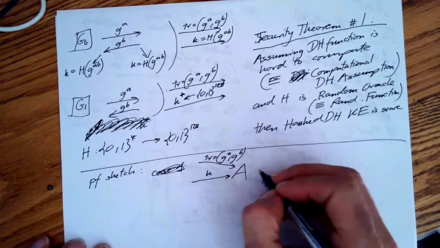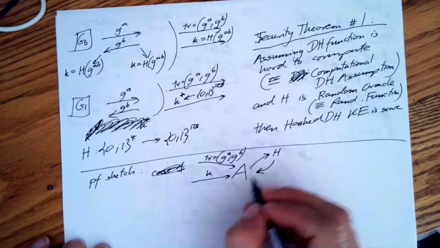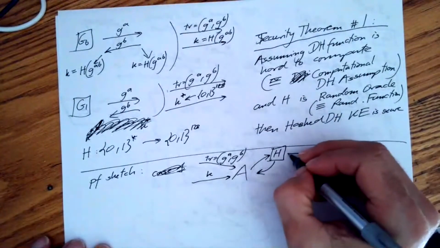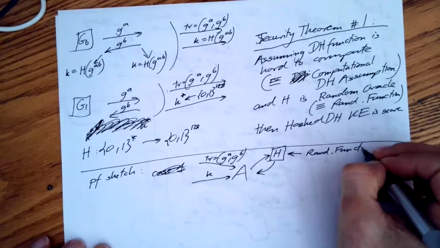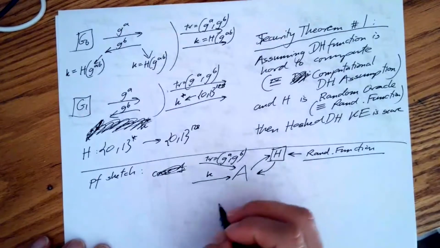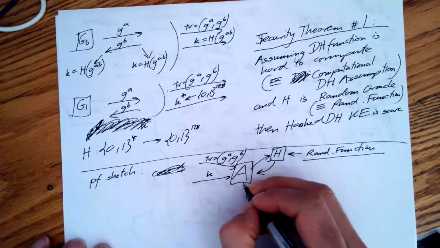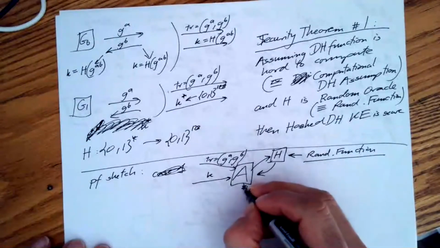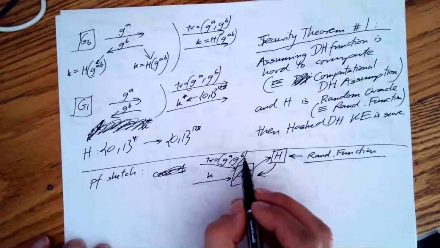And the attacker can access a hash function. On any input it gives him an output, but this is a random function. And given this type of interaction, the attacker outputs a bit, right?